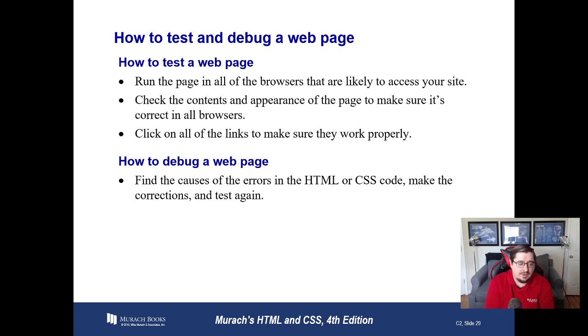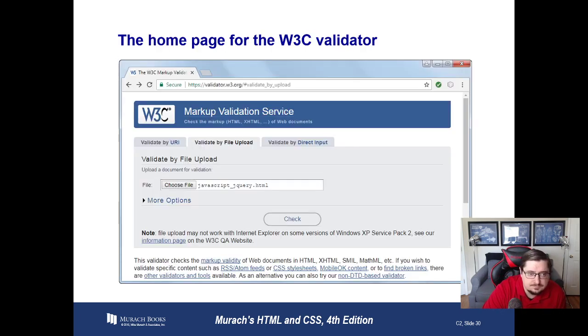As far as debugging your code, once you found out that there's a problem, whether it be in your HTML or your CSS code, you'll want to go back to that and change it, and test it again. That's basically how that works. One thing that we can do specifically with HTML is we can validate it.